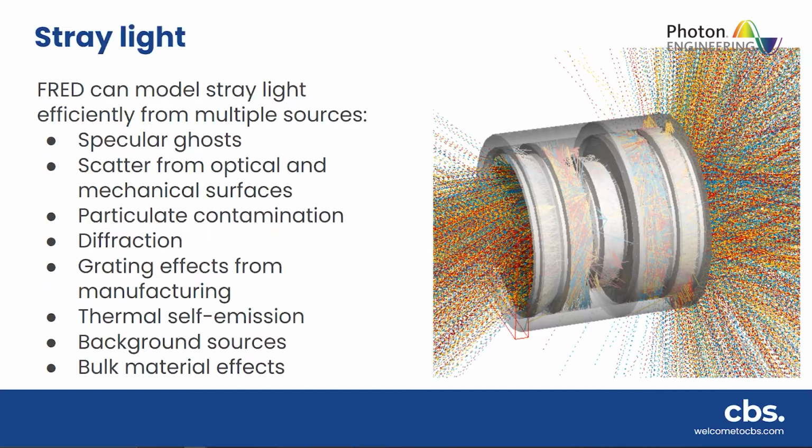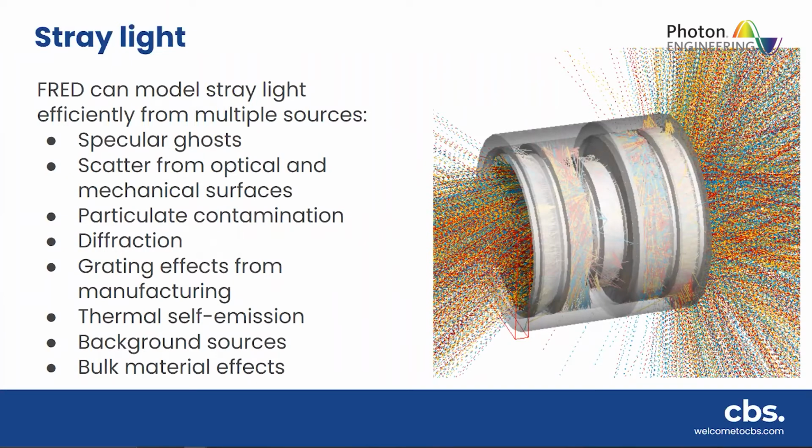In the infrared, we can also have thermal self-emission, where the actual detector images itself. And then, of course, we have the usual thing about having bright light sources just outside the field of view, and also scattering from the glass as well. So there's lots of different places that this stray light can actually come from.